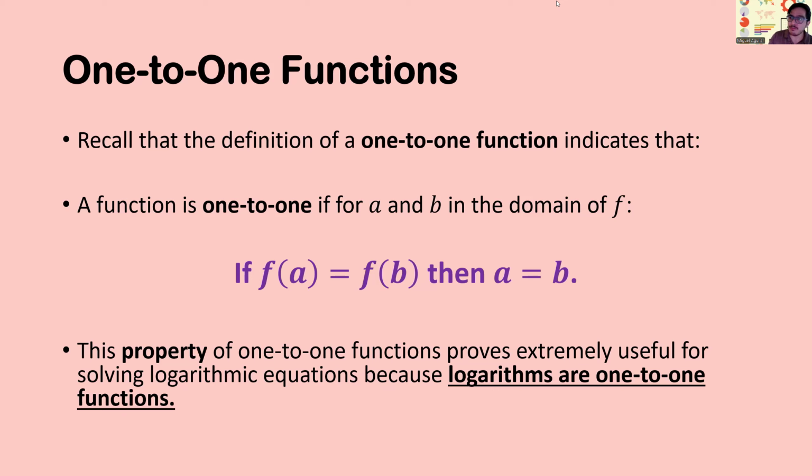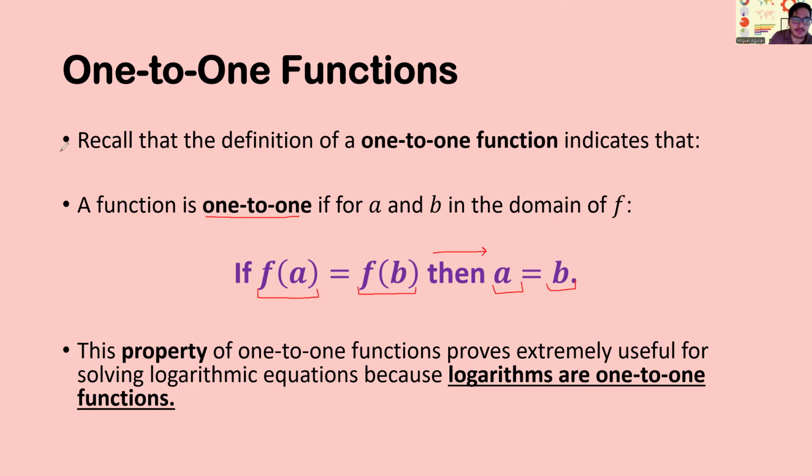Okay, so logarithms and exponentials are inverses of each other. They are both one-to-one functions. And because they're both one-to-one functions, if you vaguely recall when we introduced one-to-one functions, we had this weird looking definition where we said a function is one-to-one if f of a is equal to f of b, then that implies that a is equal to b. Okay?